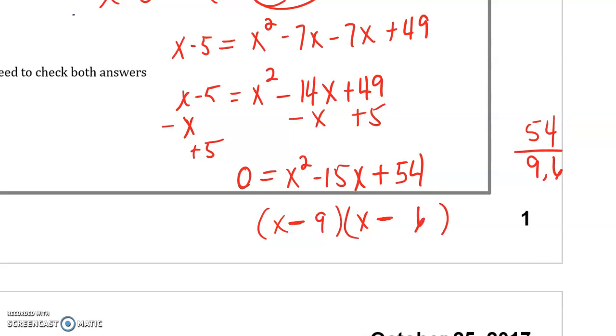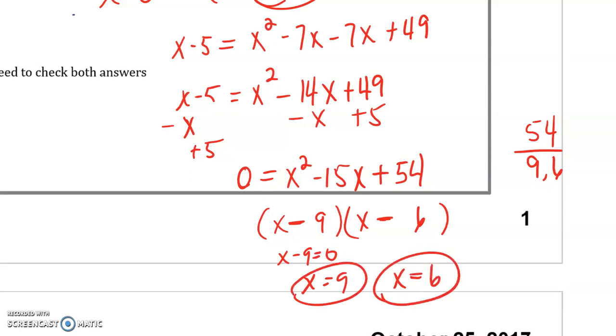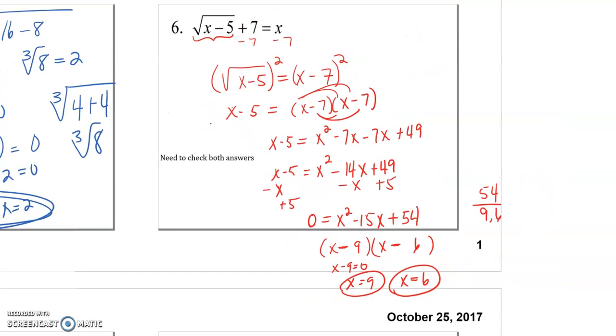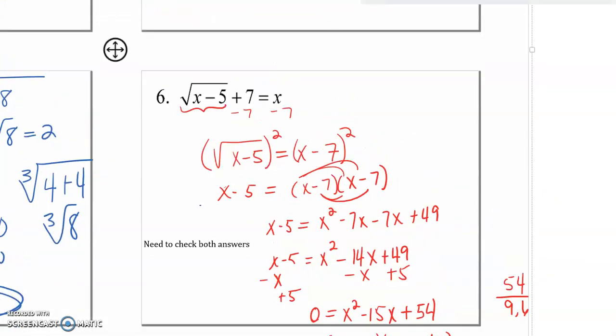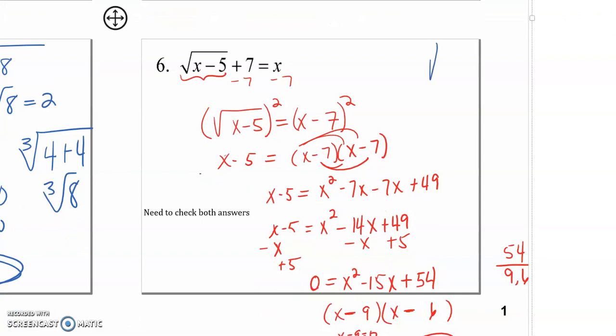9 and 6, when I set them equal to 0, I get 9. And when I set that equal, I get 6. Again, we then have to come back and test them. So is the square root of 9 minus 5, which is 4, so 2 plus 7, does that equal 9?